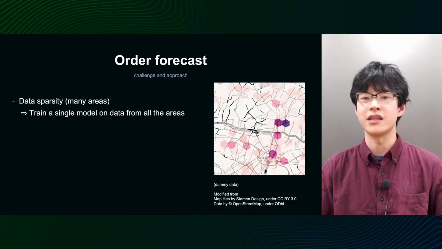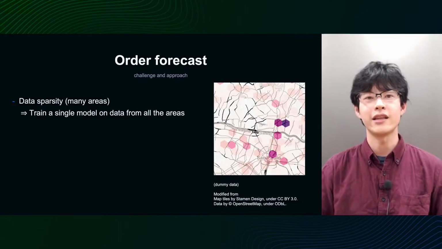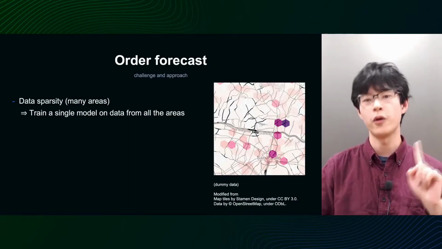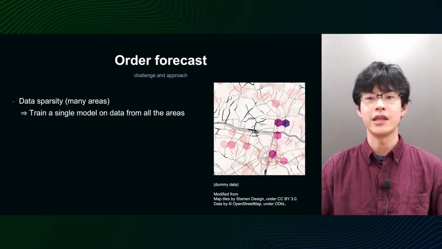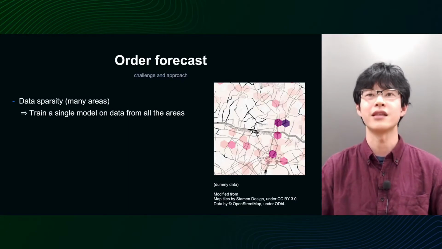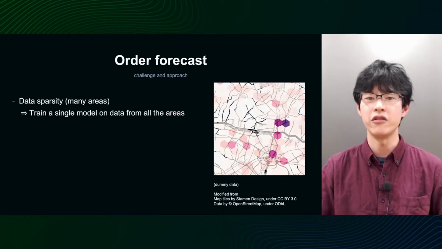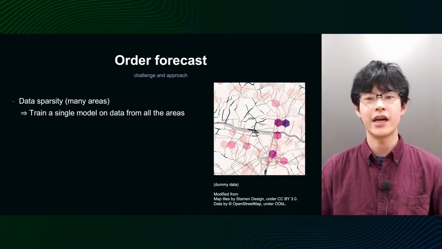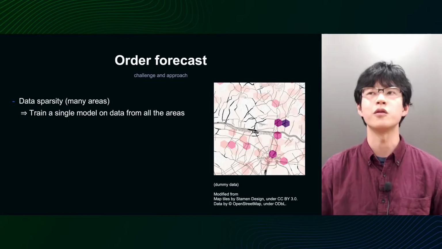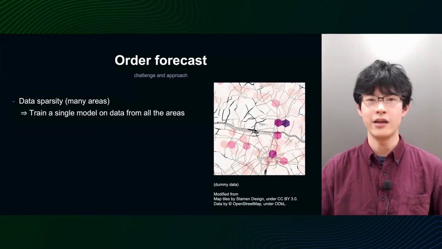So we decided to train a single model with data from all the areas. We also fed the model with historical data of orders and other features to represent differences among different areas.